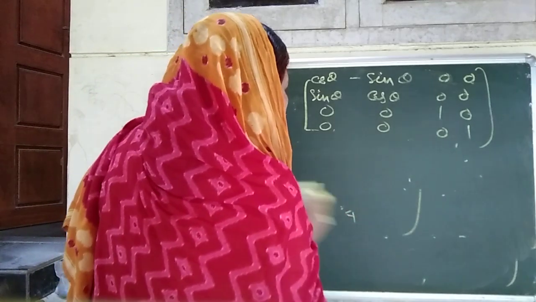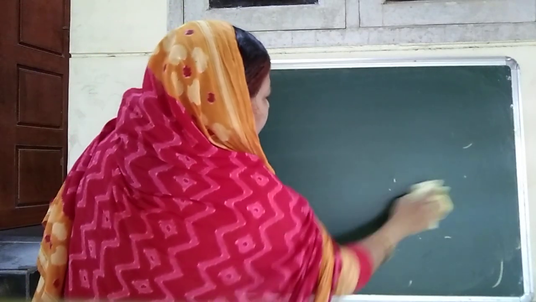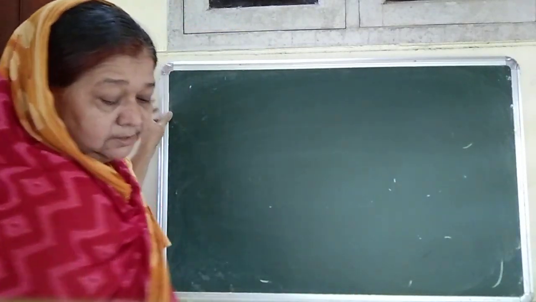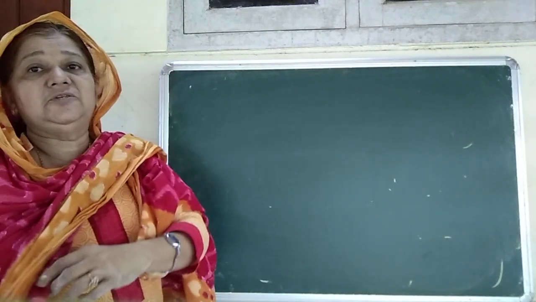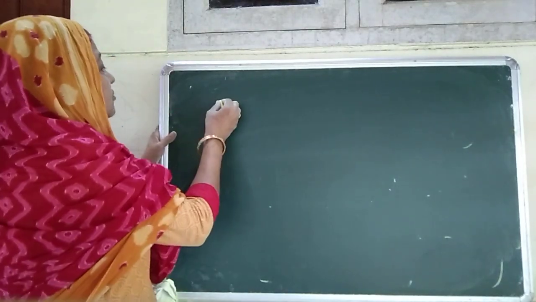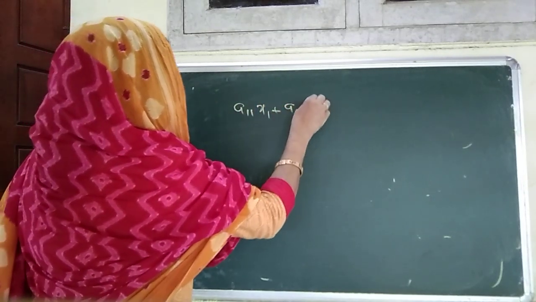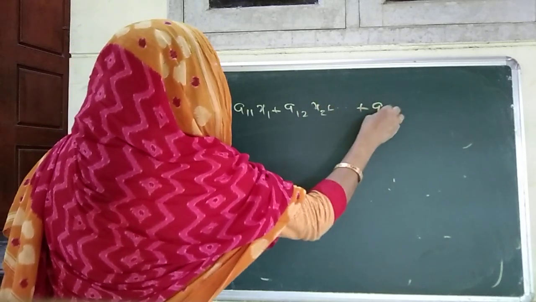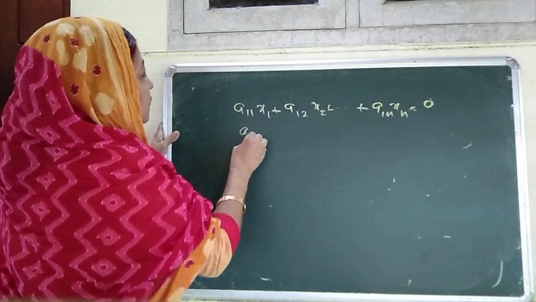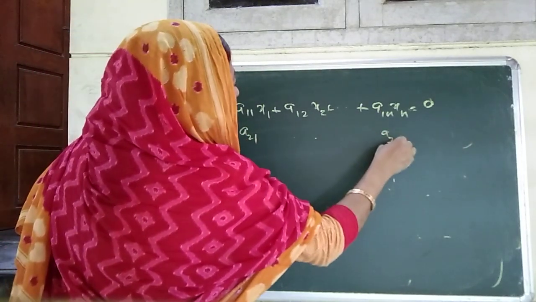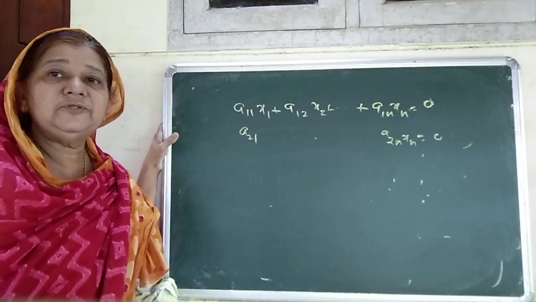Then we come on to systems of equations and systems of homogeneous equations. First of all, what is a homogeneous equation? An equation of the form a11 x1 plus a12 x2 plus etc. plus a1n xn equal to 0, a21 x1 plus etc. plus a2n xn equal to 0. Such types of equations are called homogeneous equations.